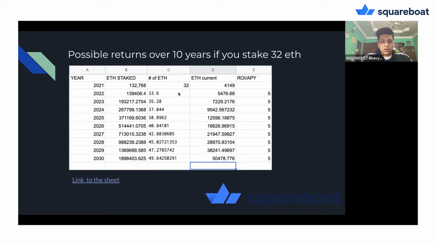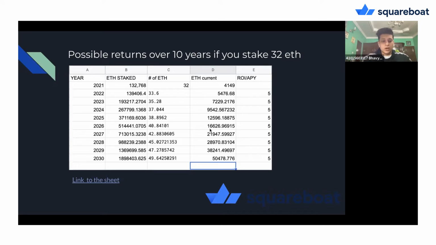Considering the Ethereum value to be increasing at 30% every year, which is very nominal, as you can see in the current situation, the spikes you could see in a current day is 30%. So considering a 30% increase in its value over the next 10 years, you could easily convert your $100,000 to almost 2 million.